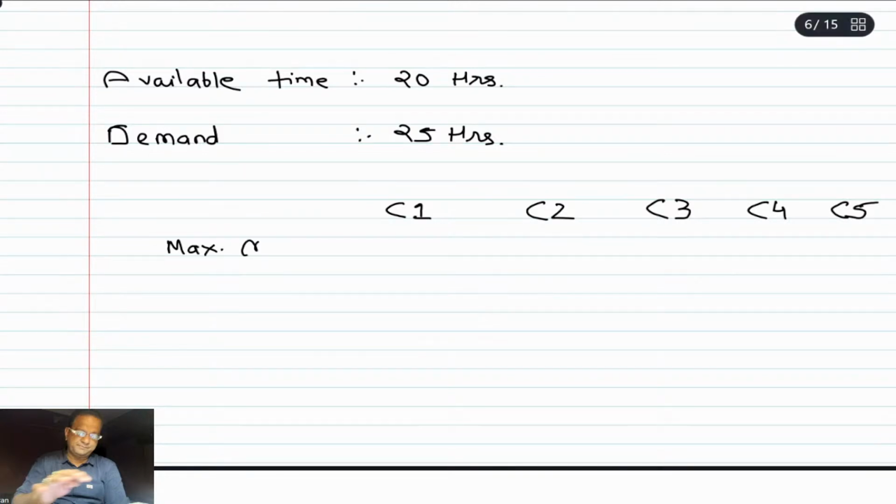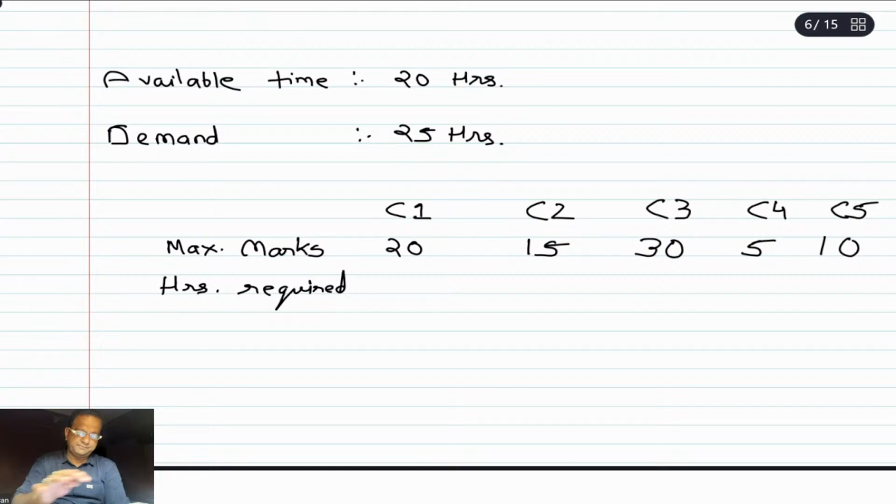Maximum marks are 20, 15, 30, 5, and suppose 10. Hours required: 10 hours you require here.